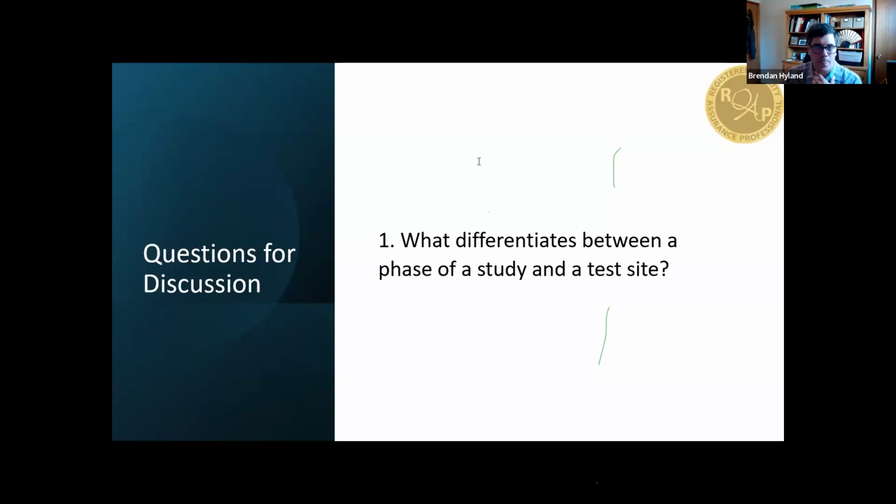Poll number 1. What differentiates between a phase of a study and a test site?